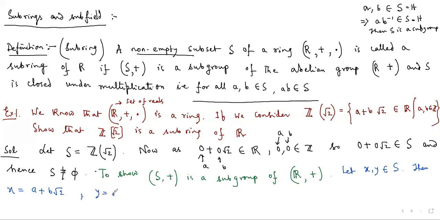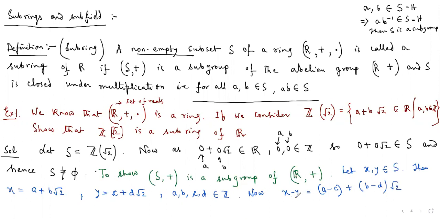Y is also of the form C plus D root 2, where A, B, C, D belong to Z. Now, X minus Y is equal to A minus C plus B minus D root 2.